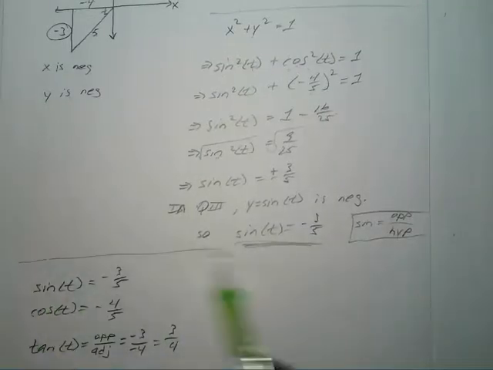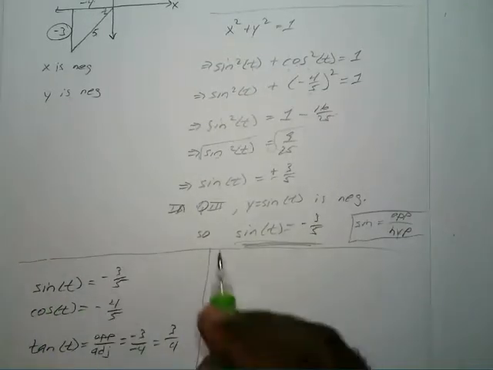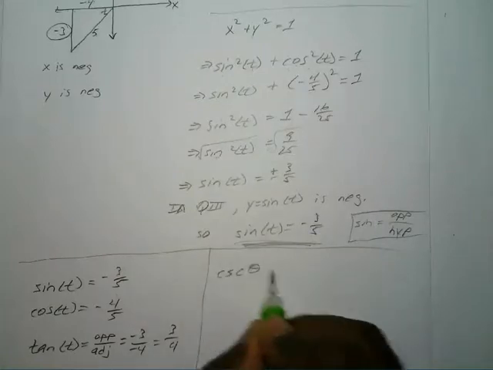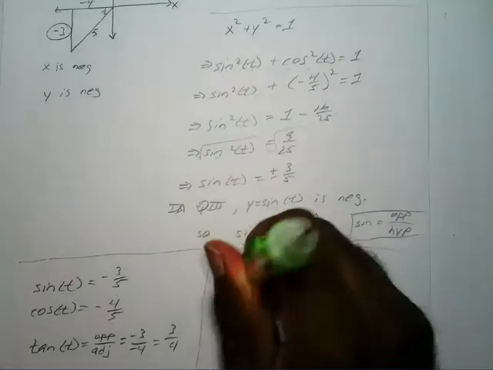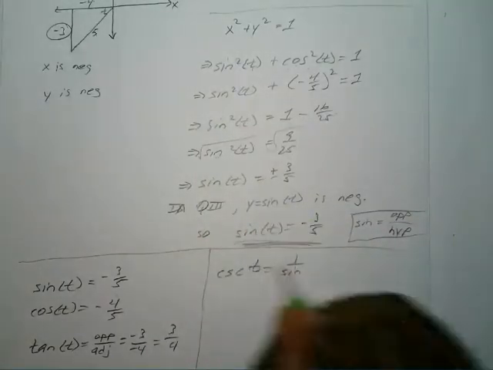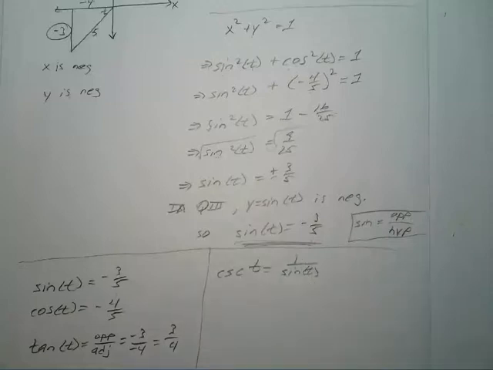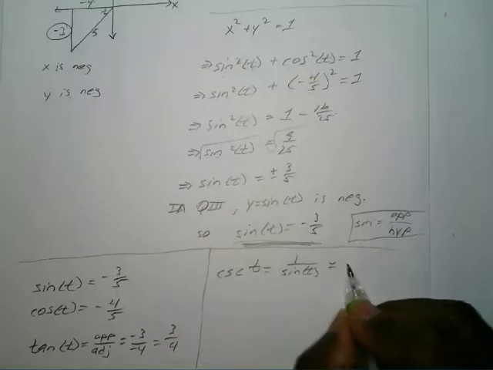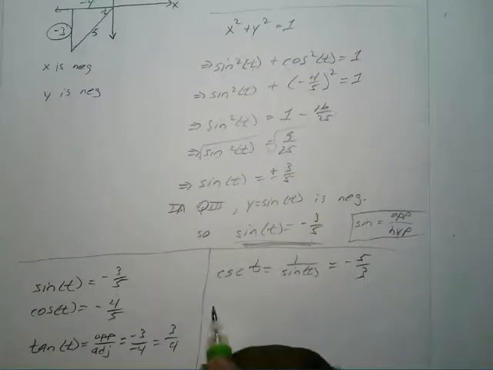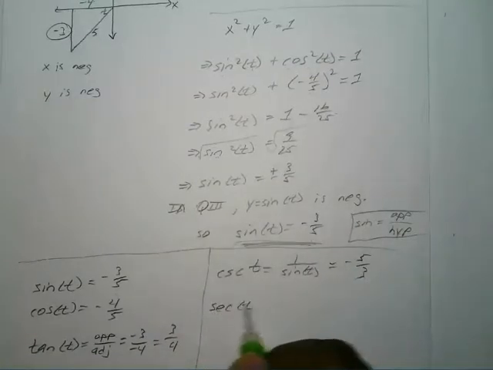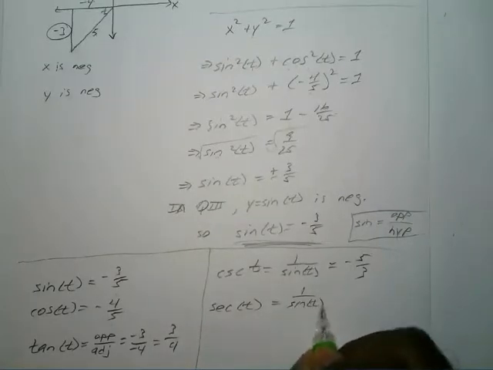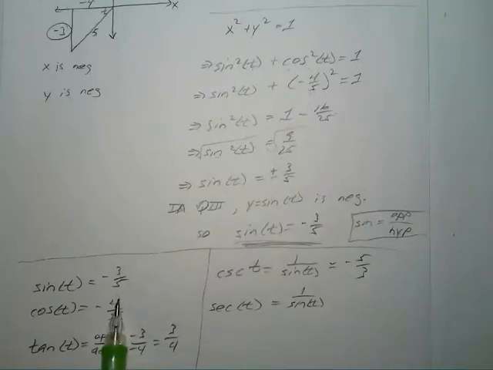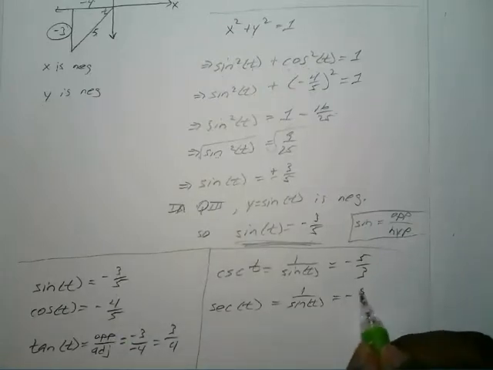Now let's do cosecant of t, which is just the reciprocal of sine. So the reciprocal of sine is negative 5/3. Secant is the reciprocal of cosine, so instead of negative 4/5, it's negative 5/4.